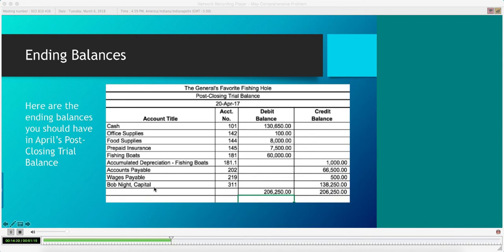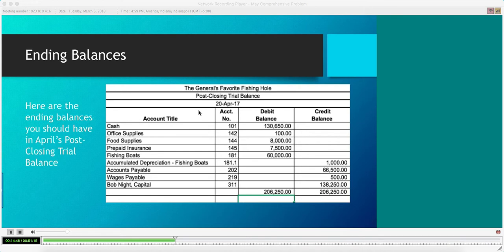So these are the amounts that you're going to enter as May's beginning balance. If you go back to the week 6 homework, the week 7 homework, where you're doing the chapter 6 work, you'll see how to record beginning balances. It's really not hard. You would put April 30th as the date.